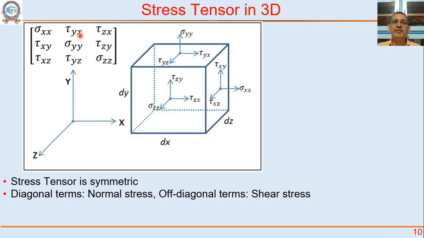Again, tau yx is the force experienced because of Vx variation with y, dVx by dy. It is acting on the top face and the bottom face. Tau zx is the force experienced in the x direction because of Vx varying in the z direction. That force is going to be present on the front face and the back face. Try to visualize all this for yourself. It takes time to visualize. Now suppose the flow is like this.